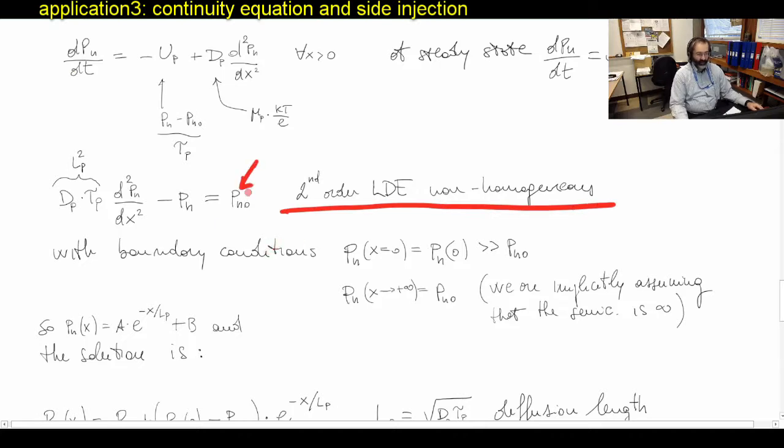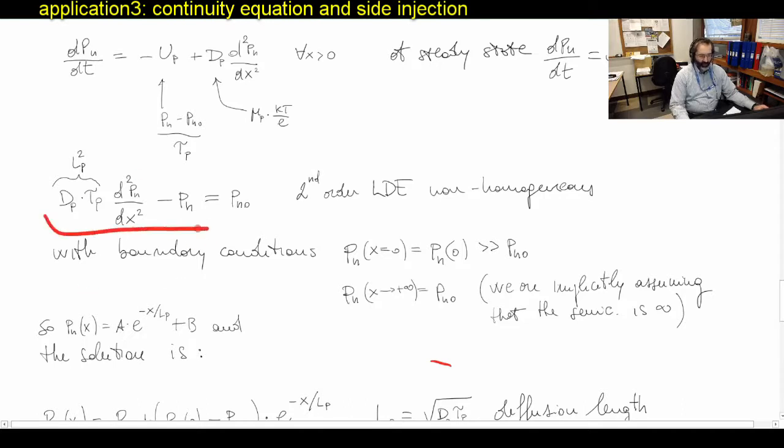This is a constant, the thermal equilibrium minority carrier density, and as you can see here, the variable is Pn. We name Dp times tau p as Lp squared, where Lp, in a moment we'll see, is called the diffusion length.